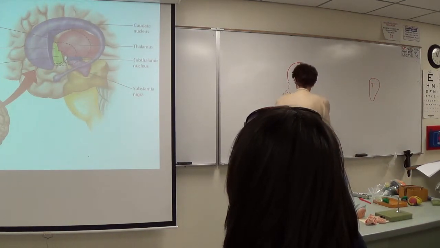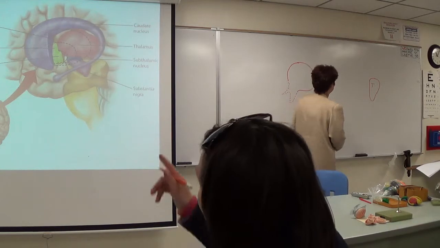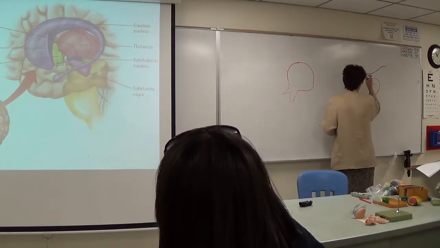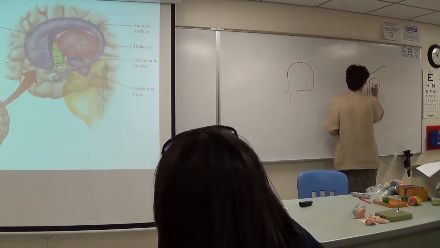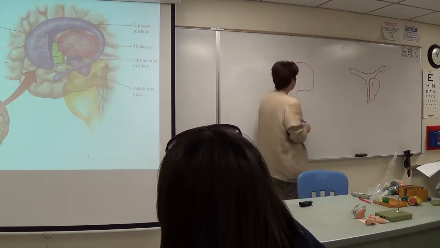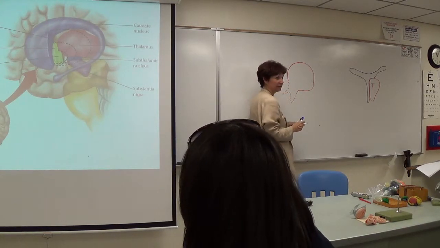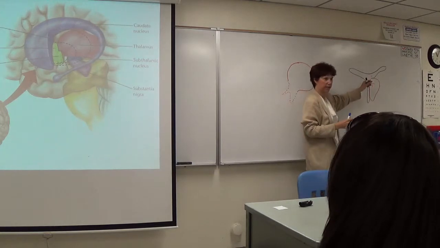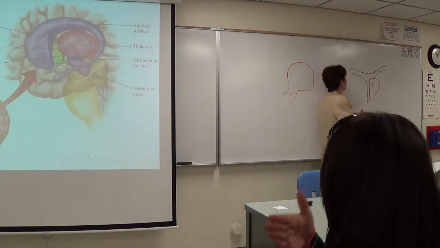Okay. To keep that in better perspective, I will draw in the third ventricle. Okay. So that's kind of cutting right down through here. Kind of with me on what we're looking at. This would be like a coronal section of the brain. Okay.